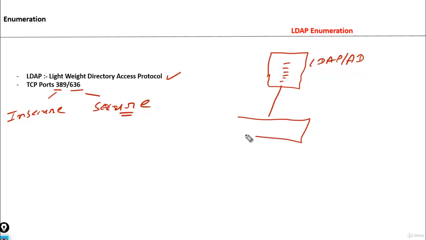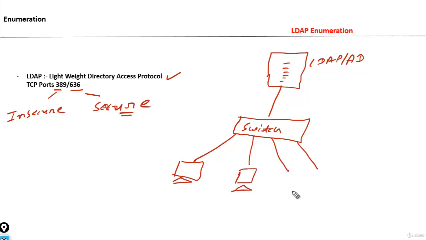Think you have one server in your organization working as LDAP or Active Directory, and this server is connected with the LAN environment of your company or organization, and you have lots of client machines like that.